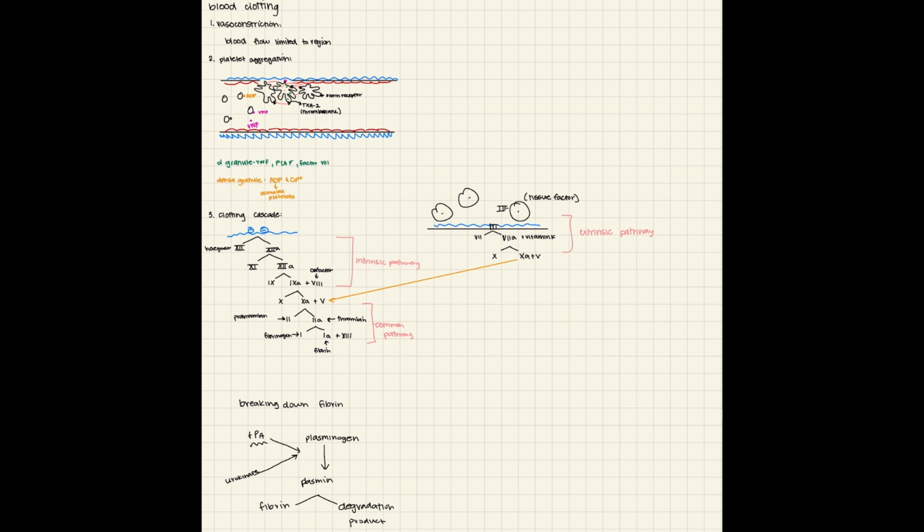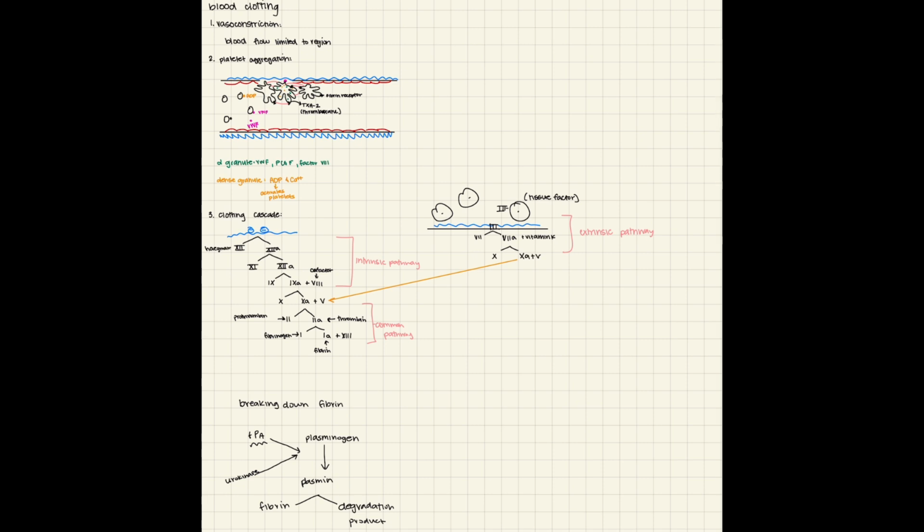So if you're on a drug like heparin, which blocks your intrinsic pathway, you would obviously have a harder time clotting, and that's going to be revealed on a test. To test our extrinsic pathway, we use a PT test. Now I'm wondering if I got that mixed up.